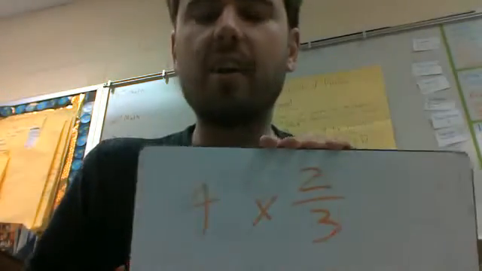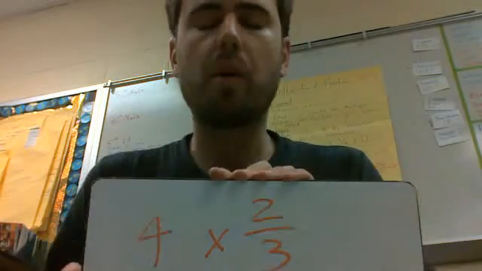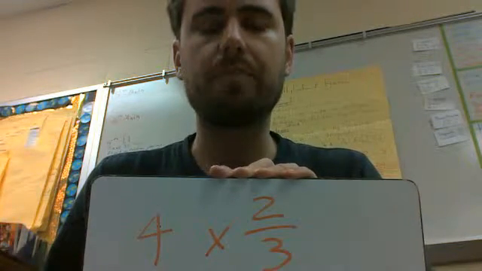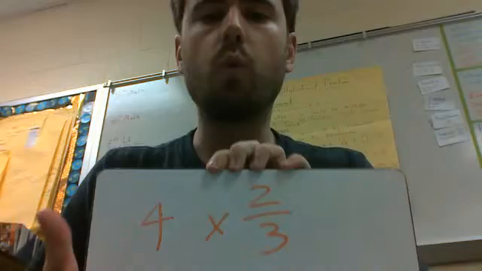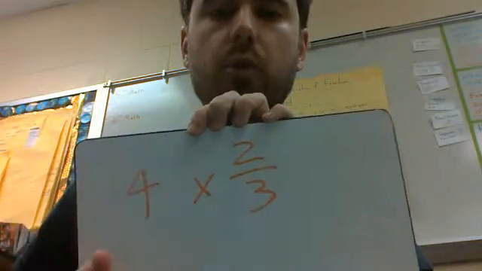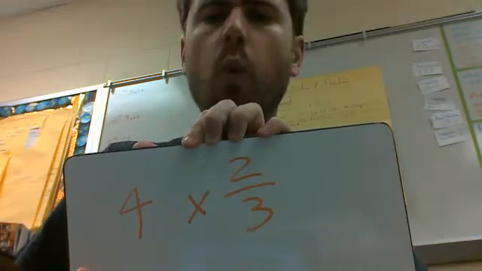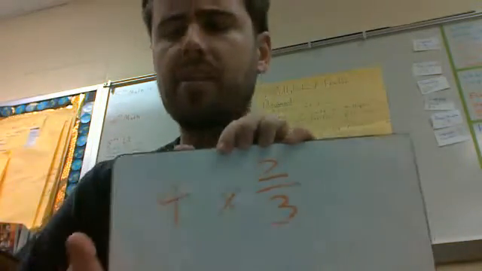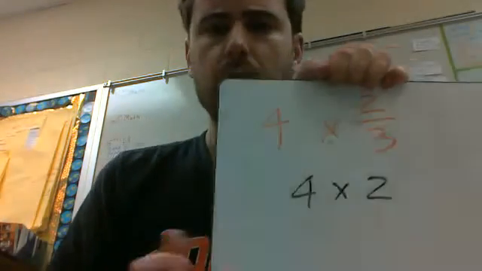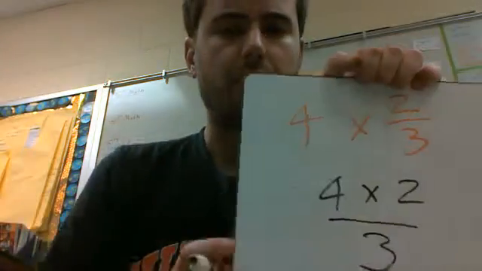Now, I bet at this point you notice something. We could, of course, use repeated addition as a strategy. So we had 4 groups of 2/3, 2/3 plus 2/3 plus 2/3 plus 2/3. Well, a simpler way to write that is actually just doing 4 times our 2 over our thirds.